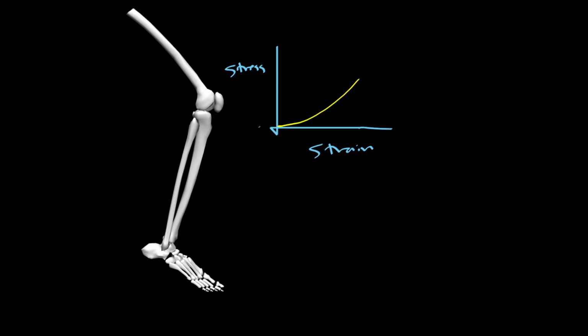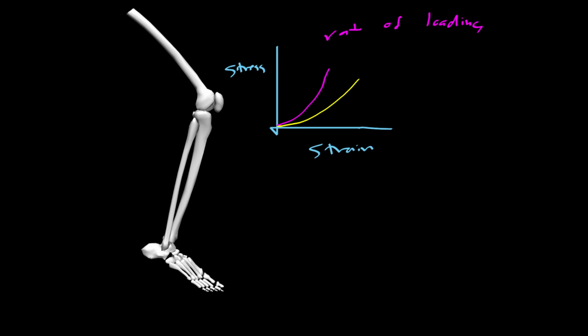But if you load it quickly, like if you're landing from a jump, it would look like this. So the shape and the steepness of this slope depends on the rate of loading. And cartilage has this property, as do ligaments and tendons.